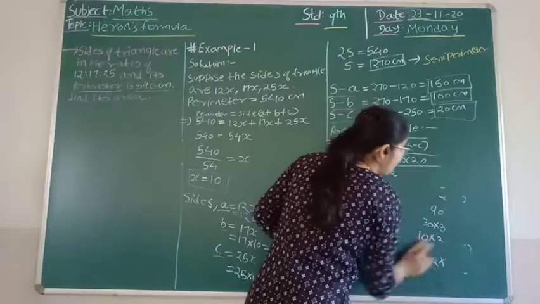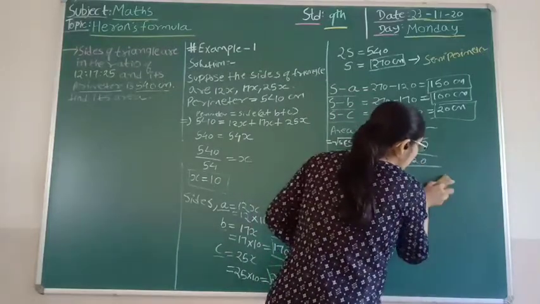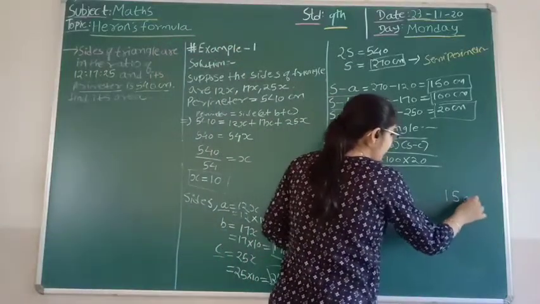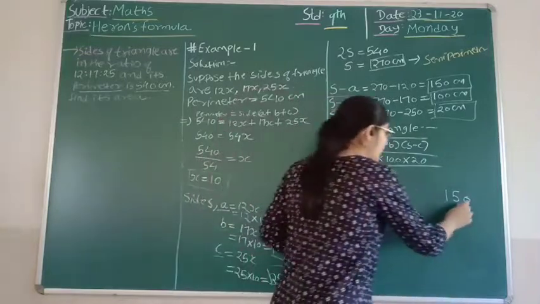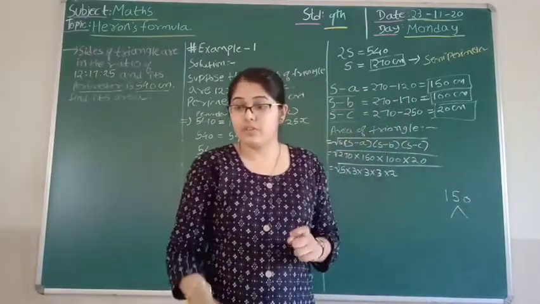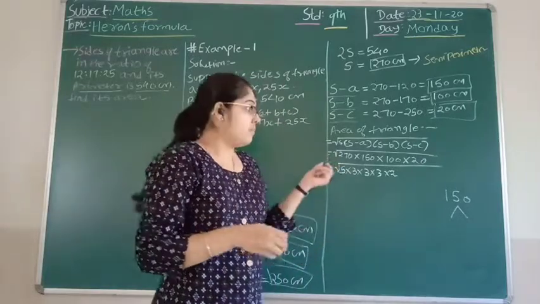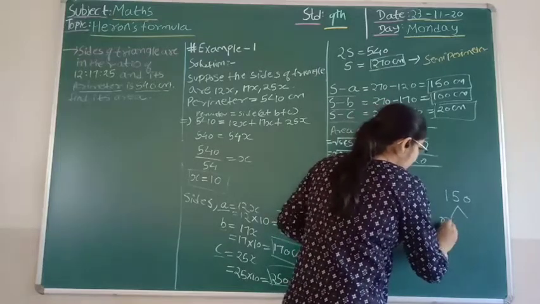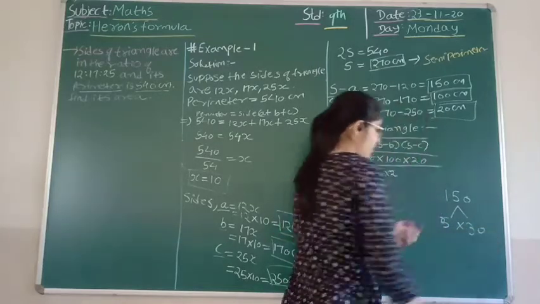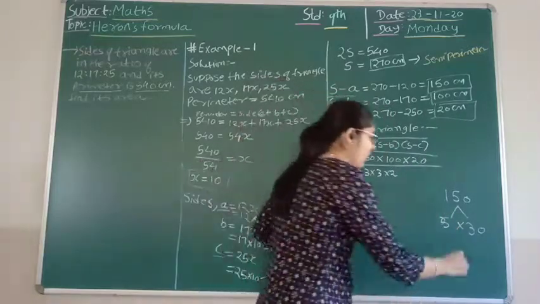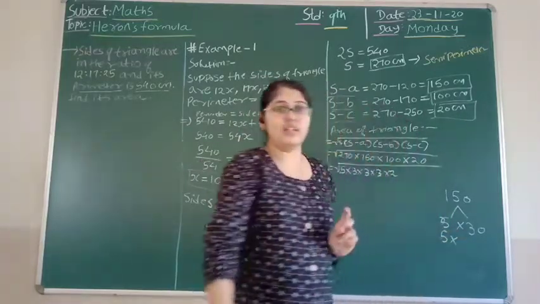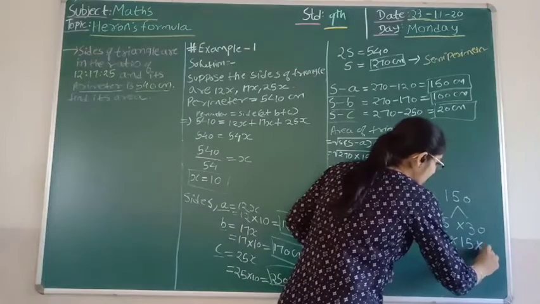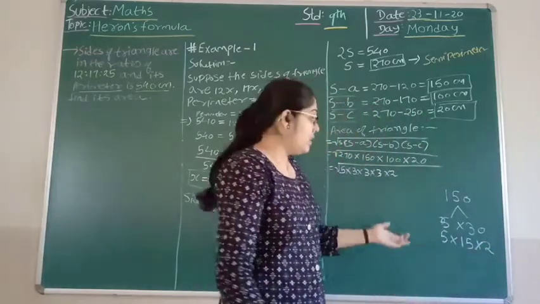Now we'll see the factorization of 150. So if I factorize 150, students, it is basically nothing but 5 into 30, that is 150. Now 5 can be factorized, and 30 can be factorized. It can be written as 15 multiplied by 2, which is nothing but equal to 30.